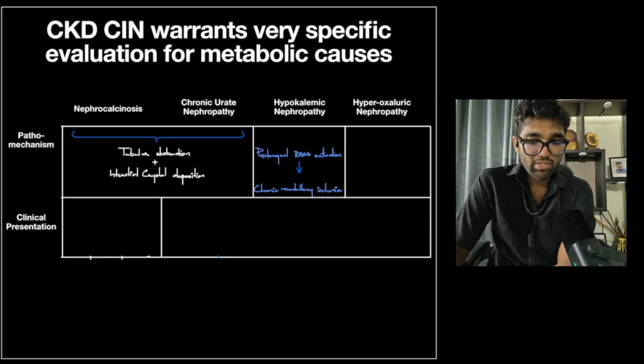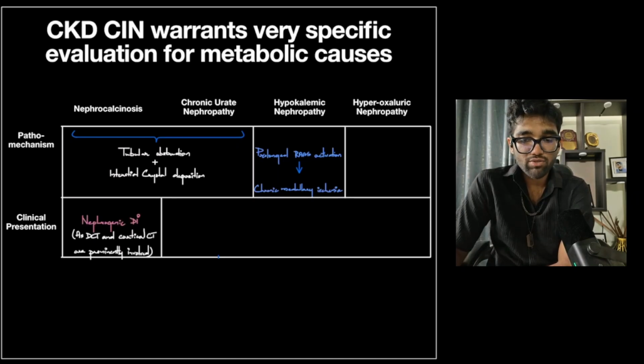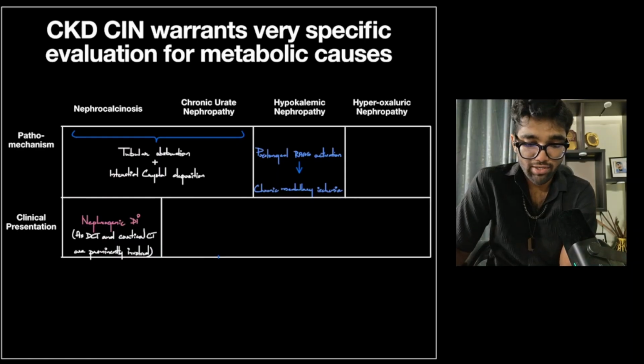Hypokalemic nephropathy, which causes a significant chronic medullary ischemia. Then hyperoxaluric nephropathy, where you have oxalate crystals getting deposited in the kidney, very similar to what happens with nephrocalcinosis and chronic urate nephropathy.